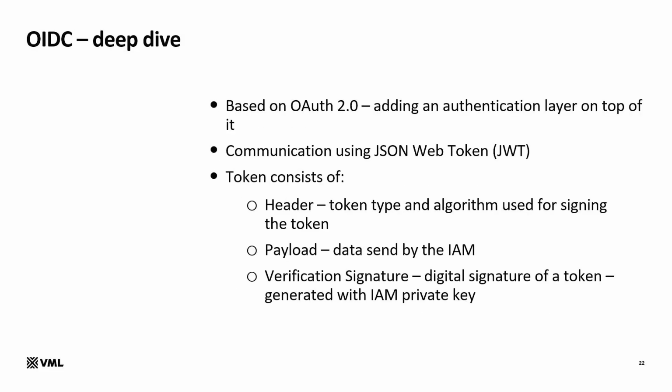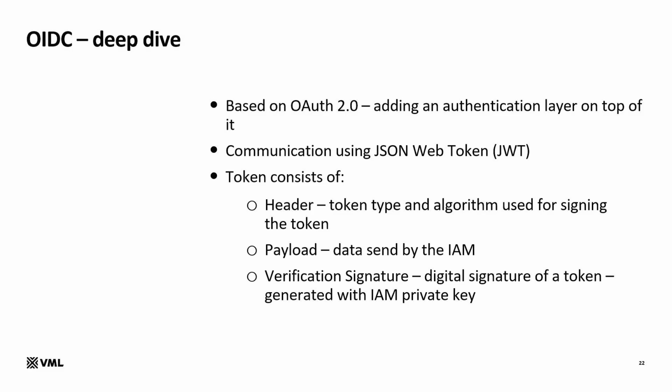So, a quick deep dive, so as not to make the presentation too long. As I mentioned, OIDC is built on top of OAuth, and when we take a look at the token that is used, the JSON Web Token, it consists of three main parts: header, payload, and verification signature.